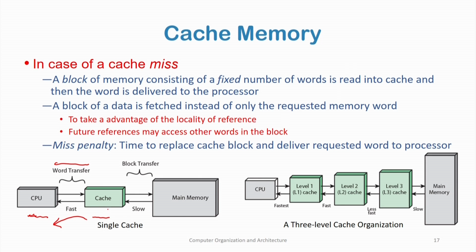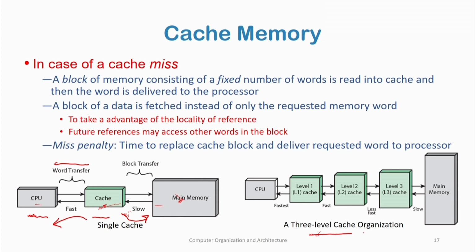If this word is not present in cache, we have a cache miss, and then we fetch a block from main memory, and this block contains the desired word also. So, between cache and main memory we have block transfer, whereas between CPU and cache we have word transfer.